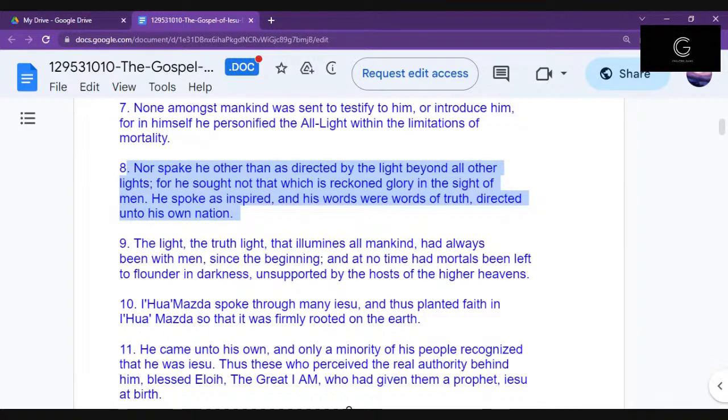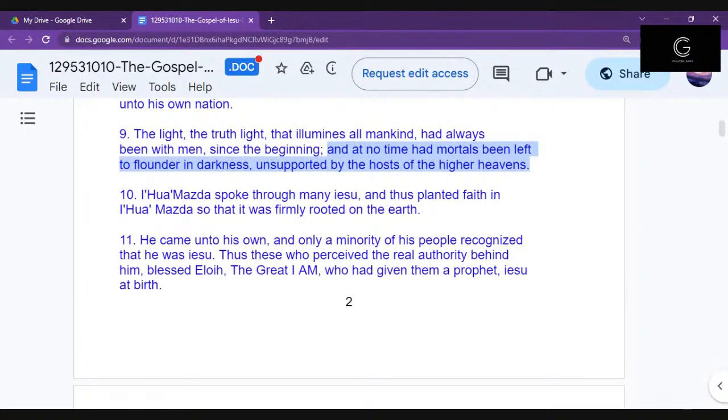The light, the truth light that illumines all mankind had always been with men since the beginning. And at no time had mortals been left to flounder in darkness, unsupported by the host of the higher heavens. At no time. Ehud Mazda spoke through many iesu, and thus planted faith in Ehud Mazda, so that it was firmly rooted on the earth.